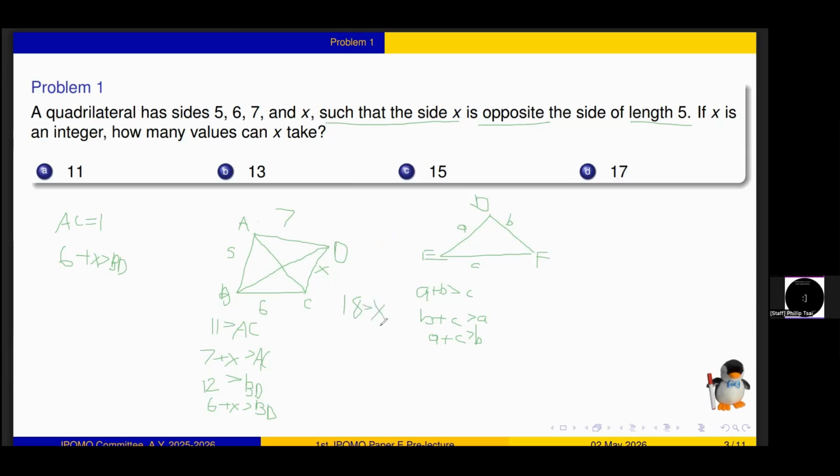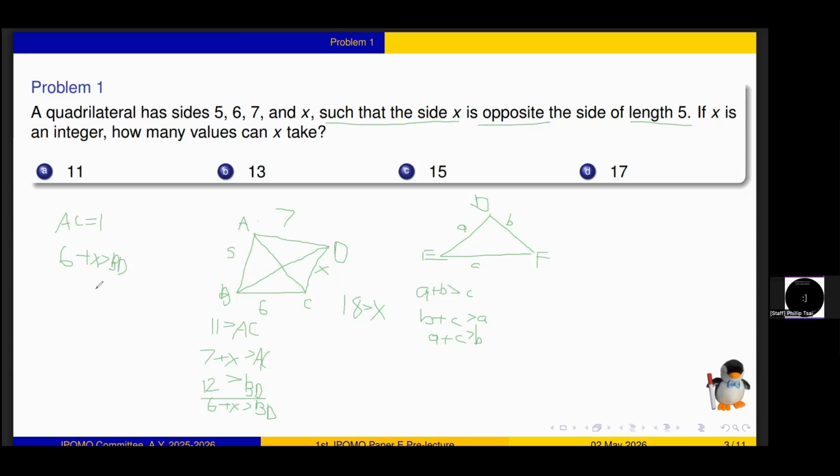Anyways, besides that, just from seeing this, this doesn't actually need to tell us this. I'm sorry, this equation only tells us that BD is less than 12, right?